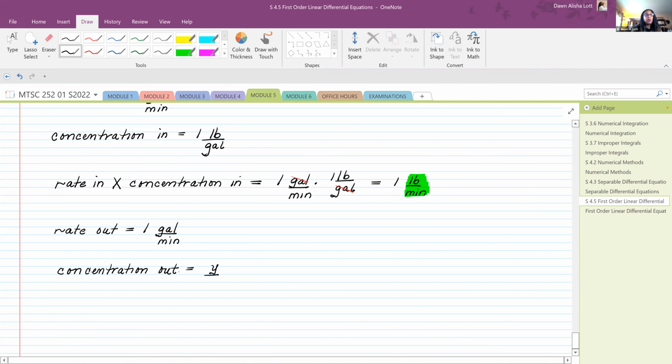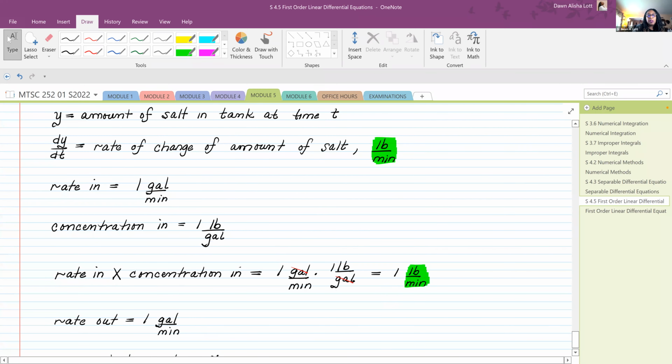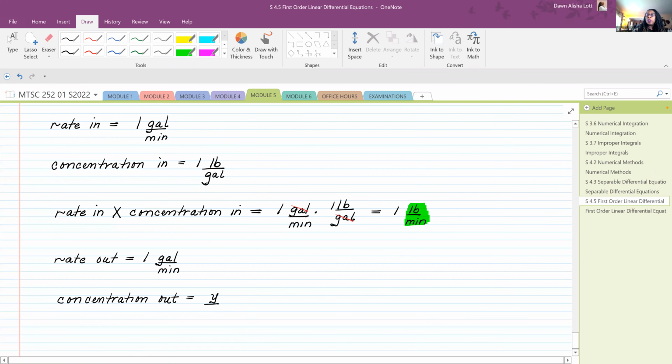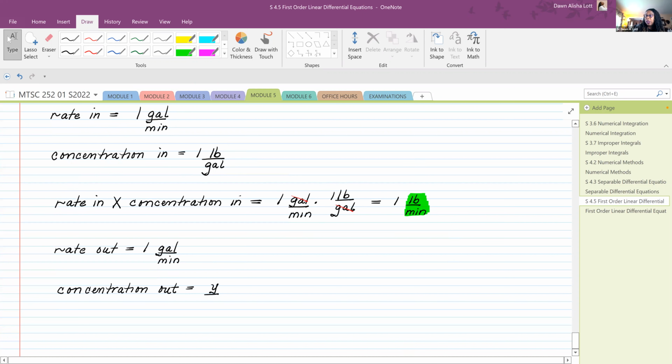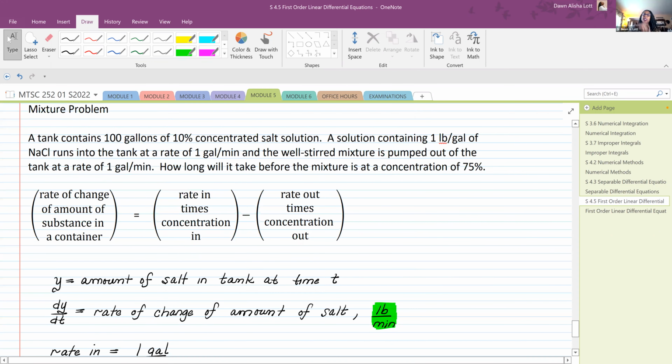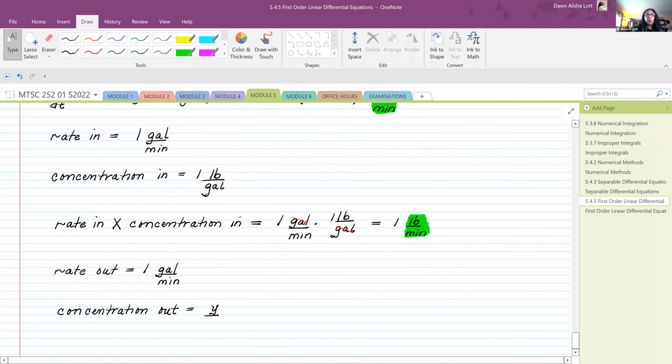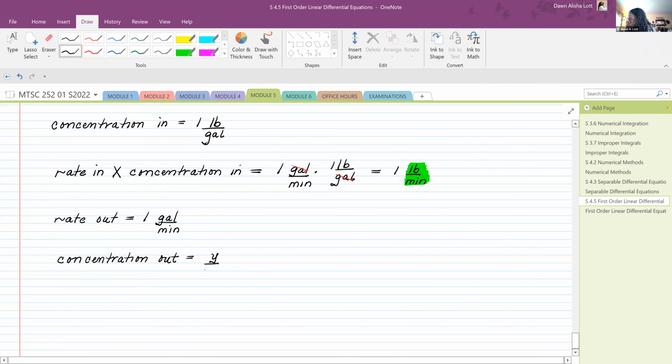Y is the amount of salt in the tank at time T. So when it goes out, we don't know how much is in there. That's what we're trying to figure out. So that's just Y. And the amount of fluid, well, if it's coming in and going out at the same rate, it's always going to be 100 gallons of solution in the tank. So this is going to be Y over 100.